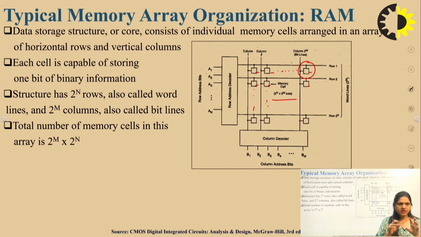So there are memory cells, and every memory cell has its address, and that address can be selected by using the row address decoder and column address decoder. These are the two decoders which are used to select a particular address in the memory.